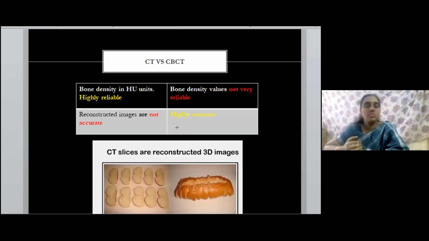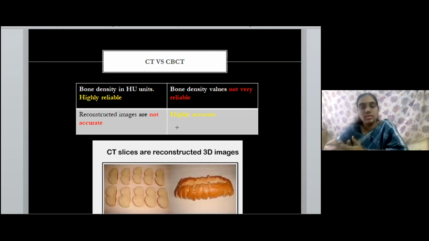One more thing is that the bone density values in CT are measured in Hounsfield units, which are highly reliable. But in the case of CBCT, they are not very reliable because of the cone beam. However, they almost correlate equally, and we have developed many units similar to Hounsfield units which can match, and we have created a separate unit.